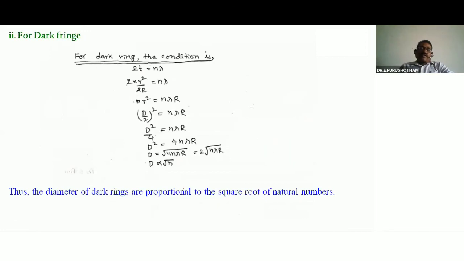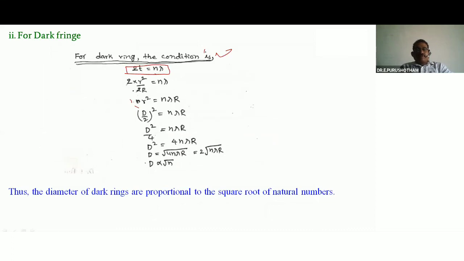Last, for the dark fringe or dark ring, the condition is given by 2t is equal to n lambda.